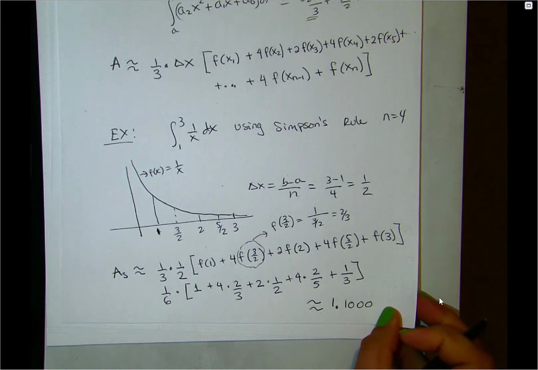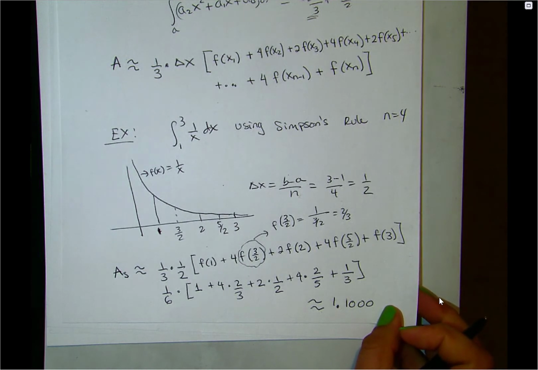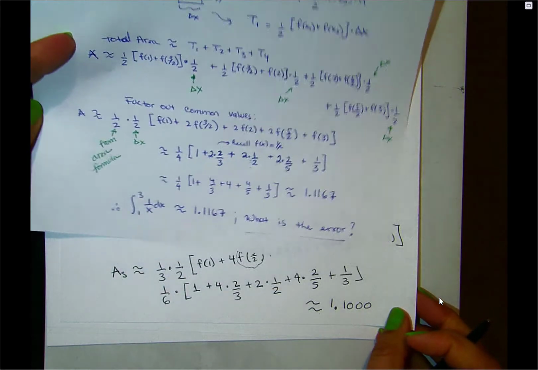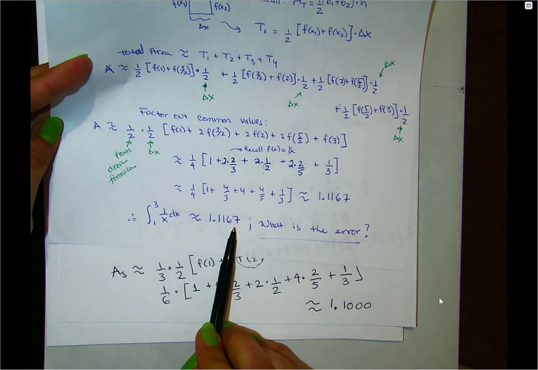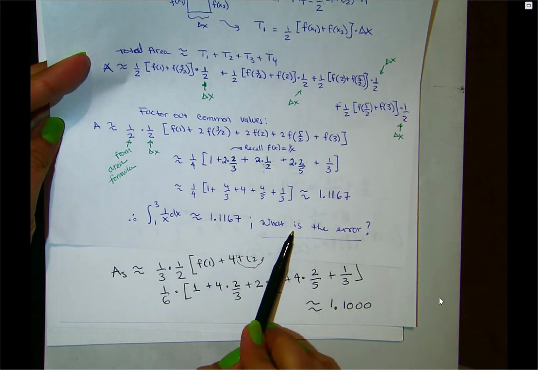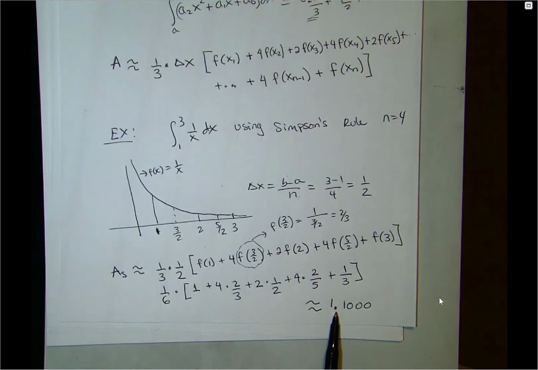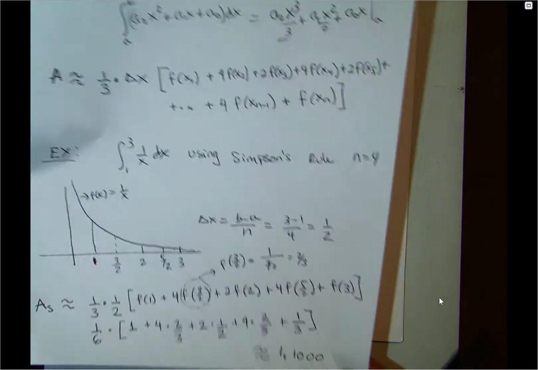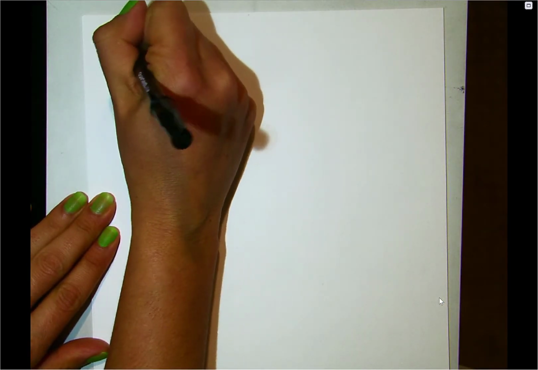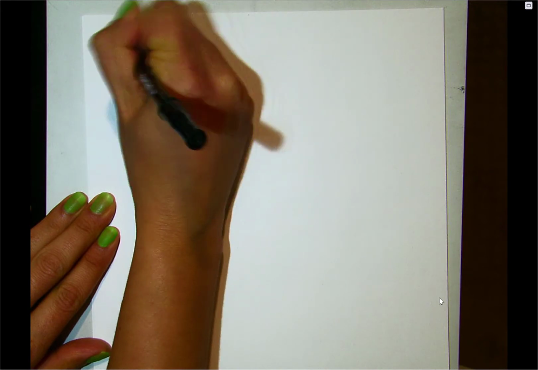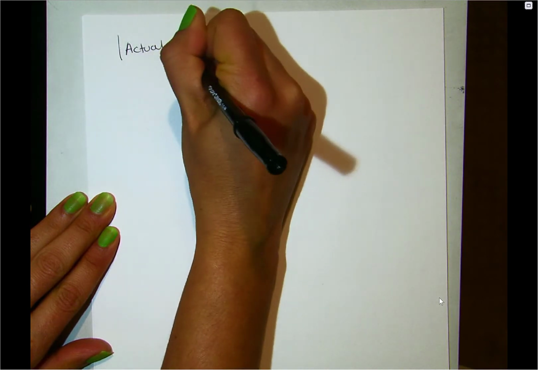Now, when we did it with the trapezoid rule, we got 1.1167, and we wanted to know what the error was. So here we get 1.1000. Same thing, what is the error? The absolute error is the actual minus the approximation.